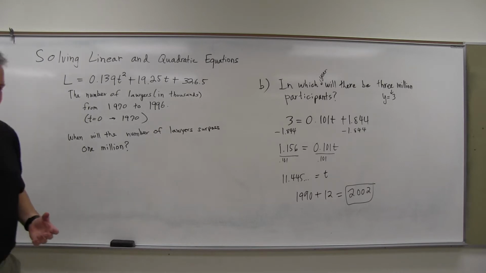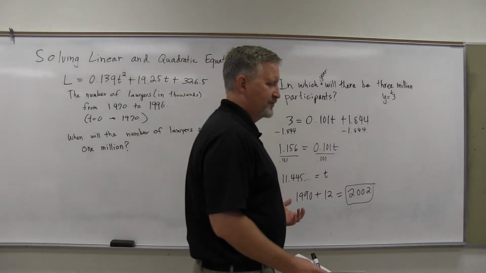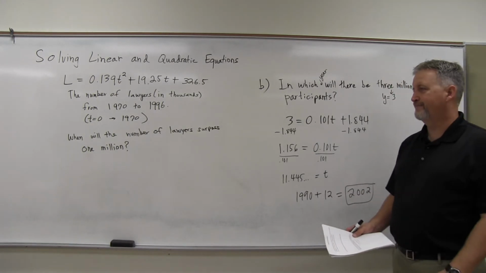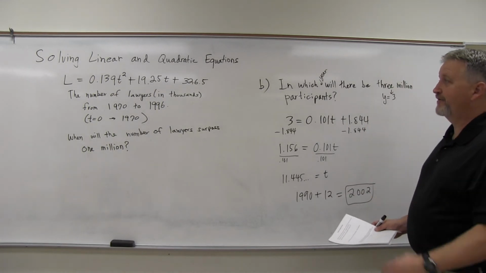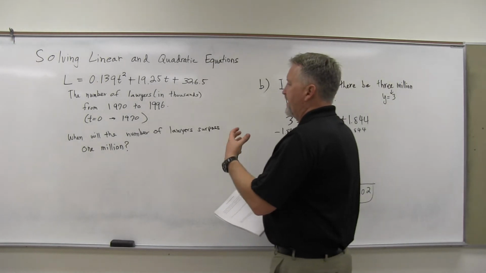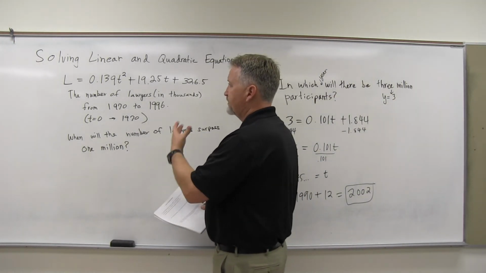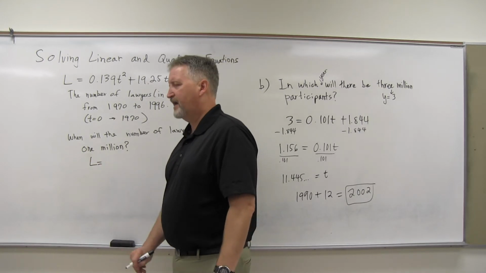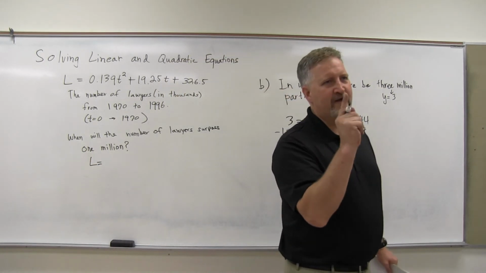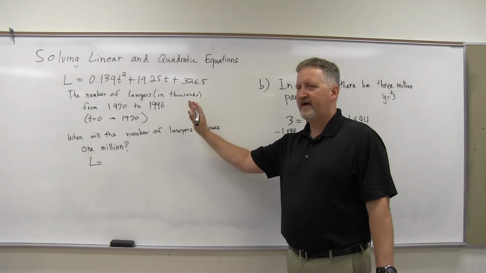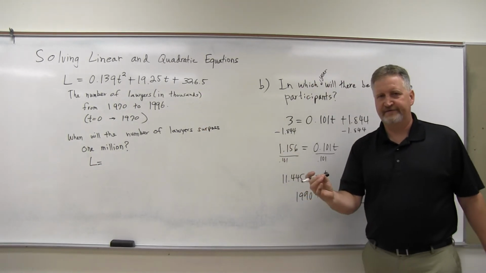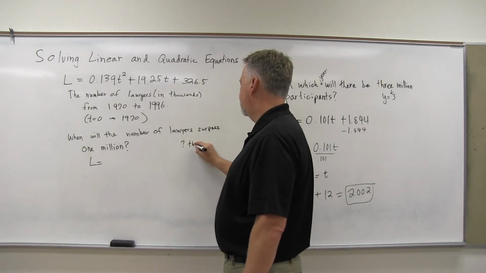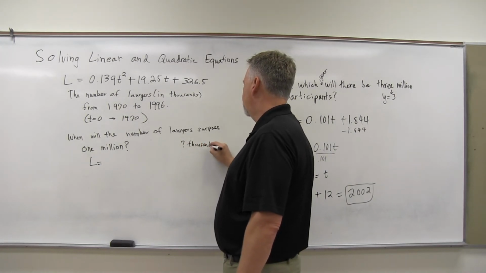So this one's even maybe a little more tricky than the B part over here was, because the number of lawyers is in thousands. I've got the L value, but in this case, L is not going to be 1 because the number of lawyers is in thousands. So how many thousands is 1 million?